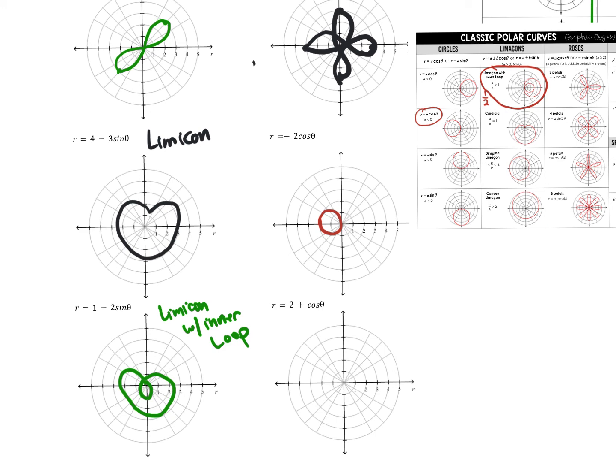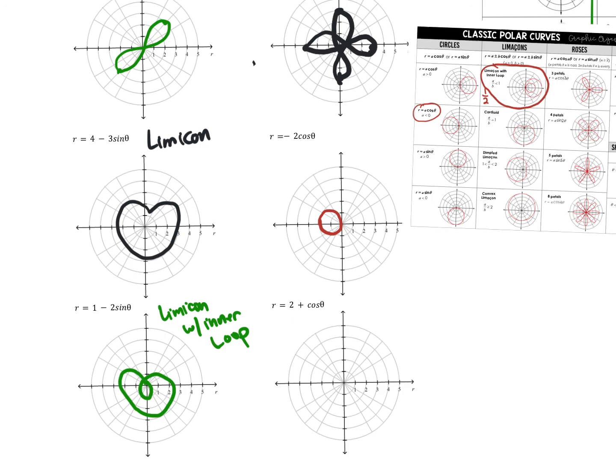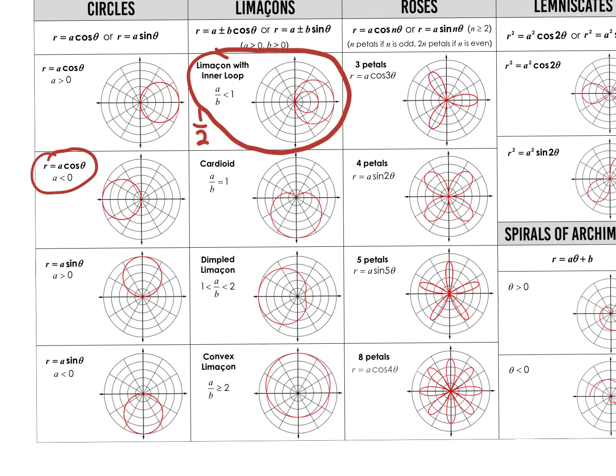Okay. So finally, we're going to do r equals 2 plus cosine theta. And we're going to see what that looks like. So if we look on our chart here, we're looking for which one looks like a number plus cosine theta. That's going to be in our limaçon area again. So in this case, 2, which is the a value, divided by b, which is 1. 2 over 1 is 2.